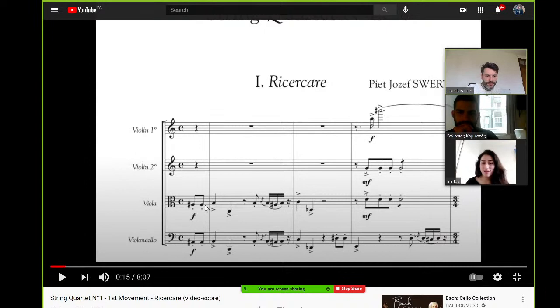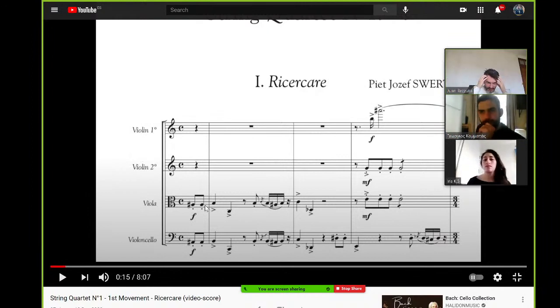What else? Iris? In general, they're playing unison, like an introduction. The unison in the introduction relates more or less to an attempt of presenting the motif, at least the first time, in a transparent way.